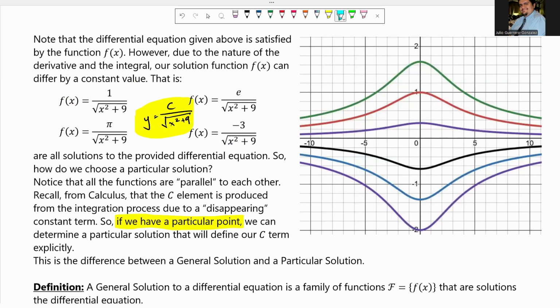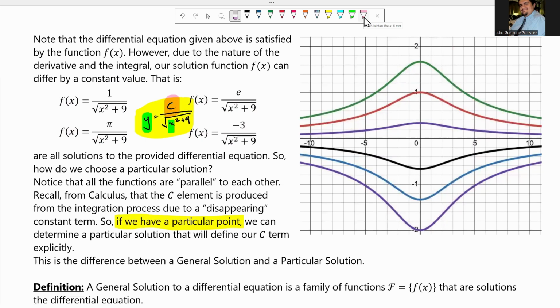If you gave me an x and a y value, then my c value is completely determined. I can solve for a c value. What that means is if I wanted a particular one of these many curves, if I had an x and a y value that I needed to satisfy, I can find my c.